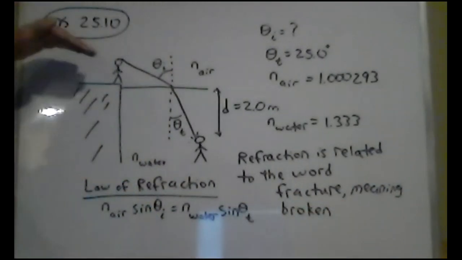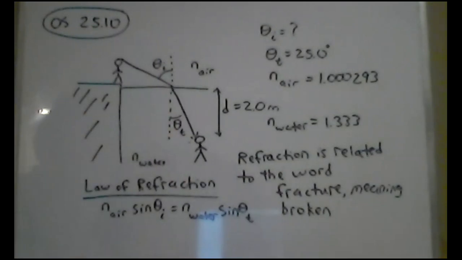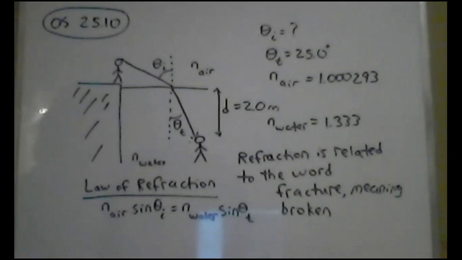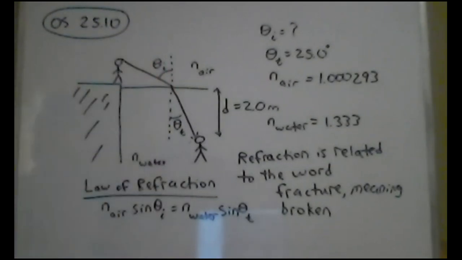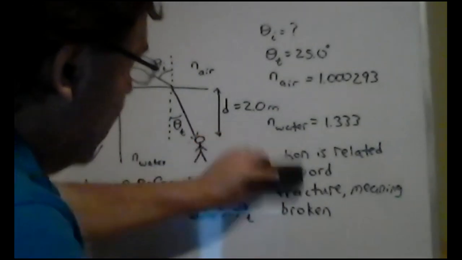So if you imagine this ray of light, it suddenly bends, and it looks like a broken pencil. It looks like somebody actually broke this line. It suddenly just comes in and bends, so it looks like it's broken. All right, that's the way it's called refraction. The fract means broken.